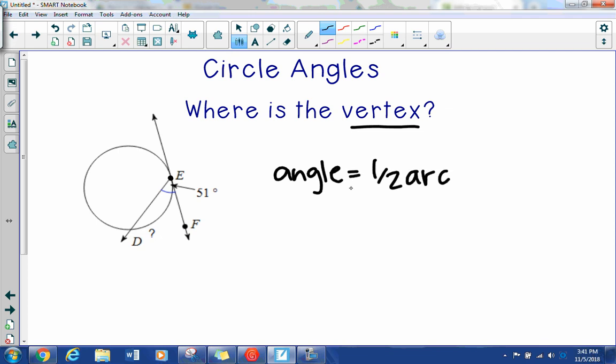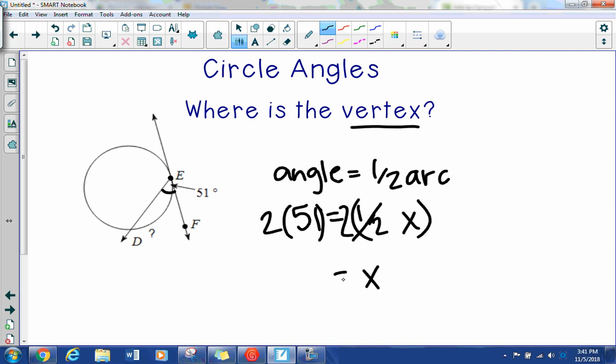In this case, they gave me the angle measure of 51, and so I know that 51 is 1/2 of the arc I'm looking for. And so if I multiply both sides by 2 again, 2 times 1/2 is 1, and so 1x in this case would equal 102. So that's the measure of this intercepted arc right here.